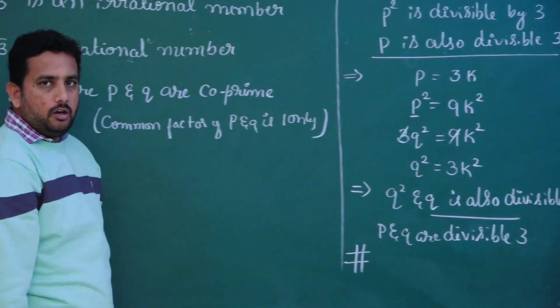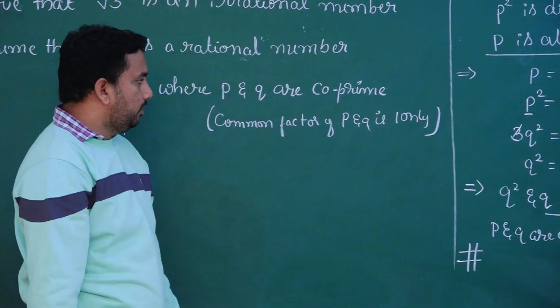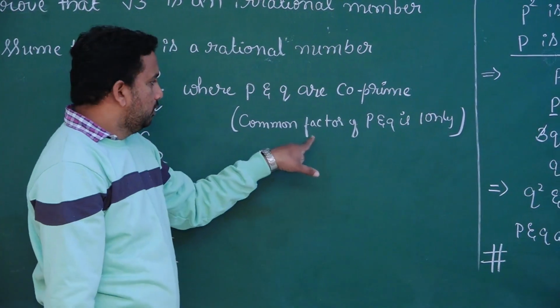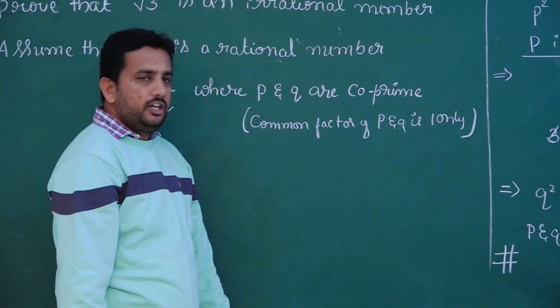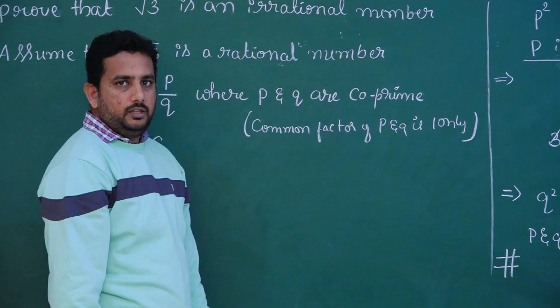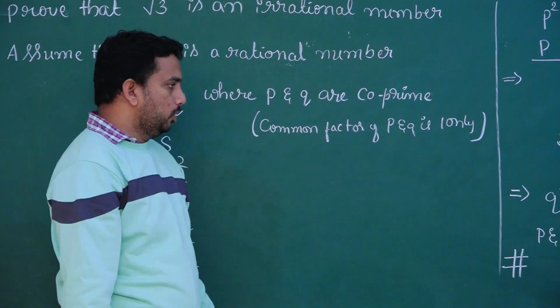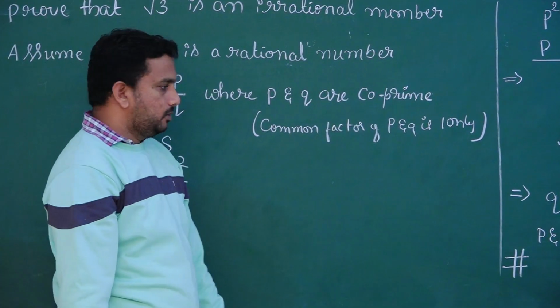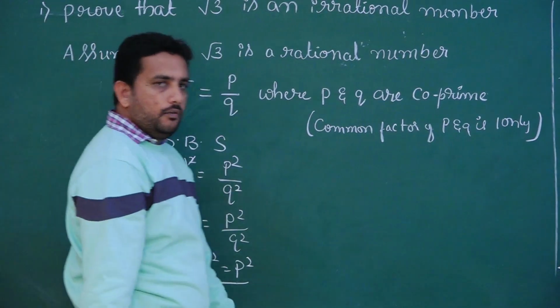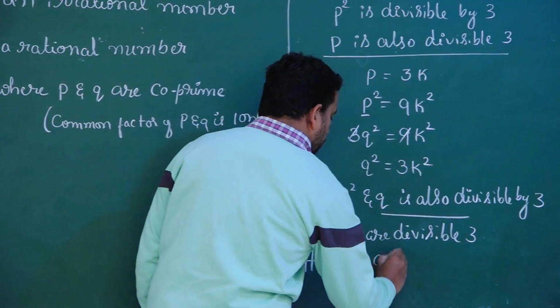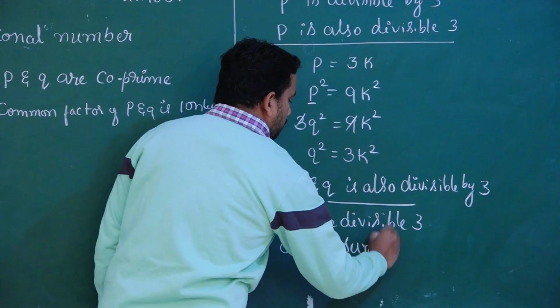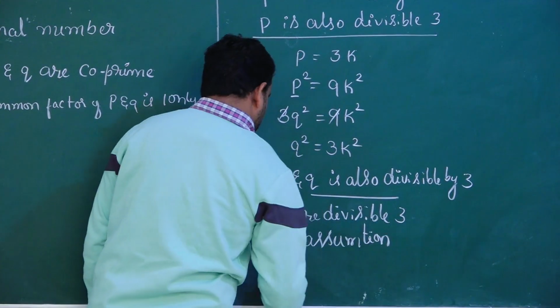So this is a wrong statement compared to this one. Here we say that p and q are co-prime, and here we say that p and q are divisible by 3. At a time both cases are not possible. So that's why this contradicts our assumption. What is our assumption?